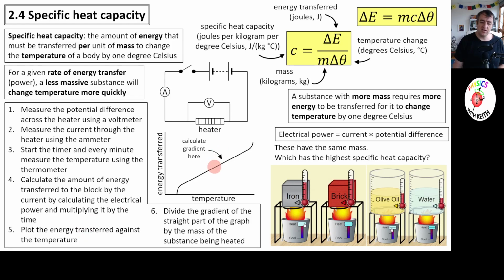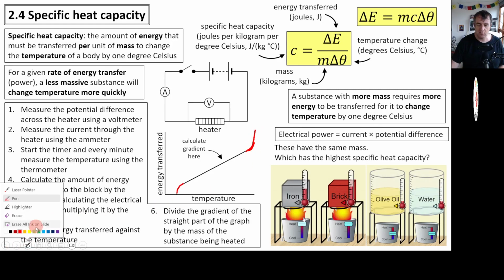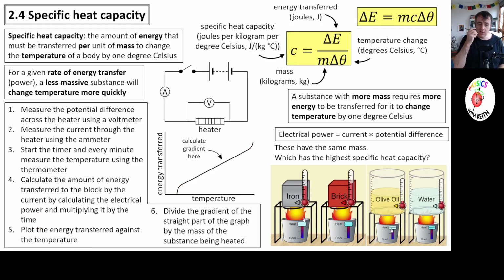Now this graph is interesting, because if you look, the longer the heater's on for, the more energy is transferred. But at first, the temperature doesn't change. That's interesting. And at the end, it looks like the temperature wants to level off and stop changing. So you do have to understand why both those things are happening.